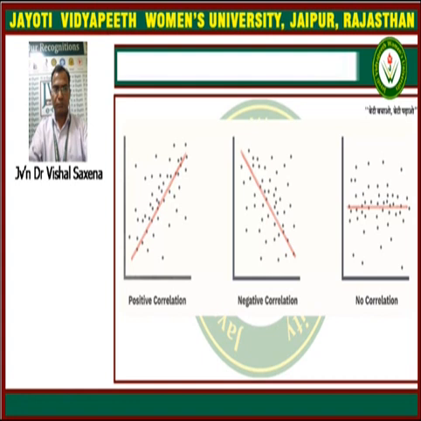And if the line is horizontal to the x-axis, not ascending or descending, then this is the case of no correlation, meaning the two variables are not correlated with each other.